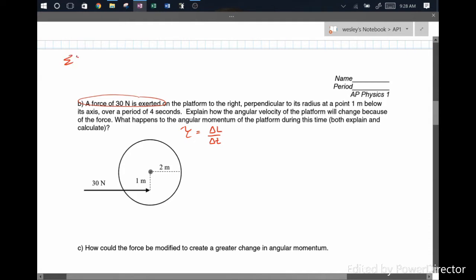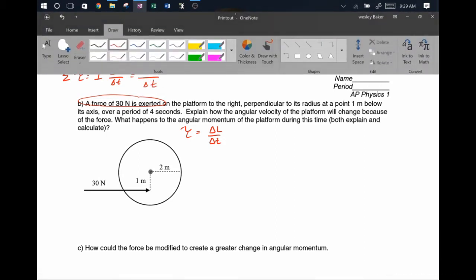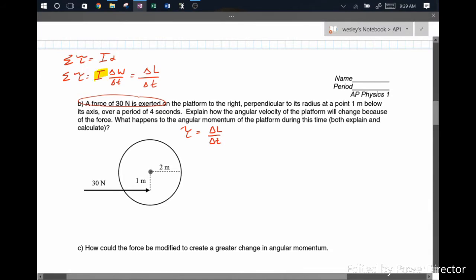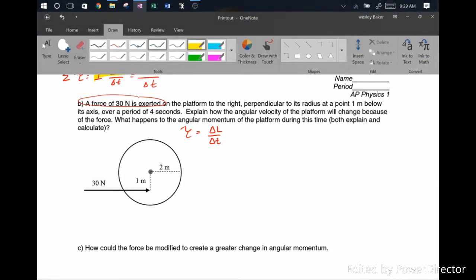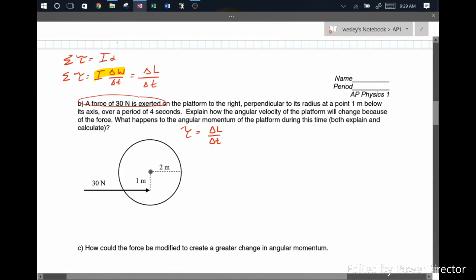The way this works, net torque is equal to I alpha. That's Newton's second law for rotation. So net torque is I times the change in omega over the change in time. Well, that's the same thing as saying the change in angular momentum over the change in time. This right here, I times change in omega, is the same thing as delta L.